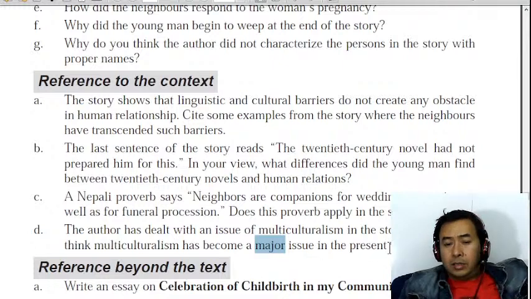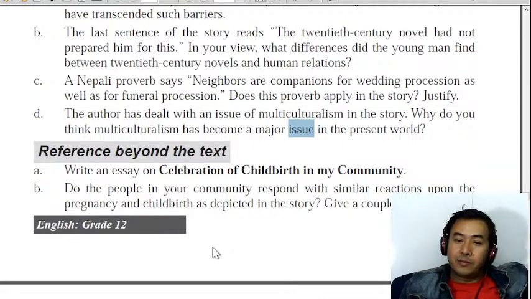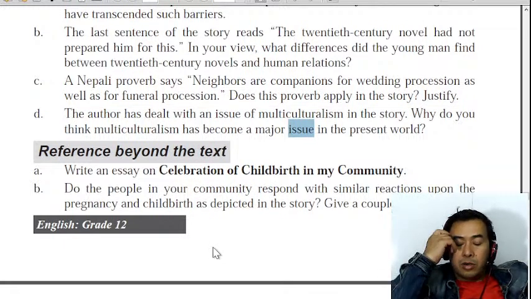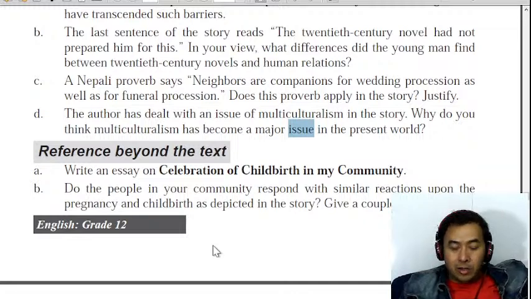So this issue of multiculturalism has arisen in many places, and it has ended in battles also. Like Indians and Australians, they are always having battles. Most of the time they are having battles. There are some institutions, colleges, let's say universities, where one culture dominates another.